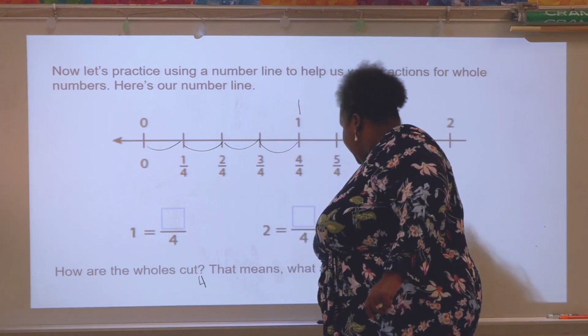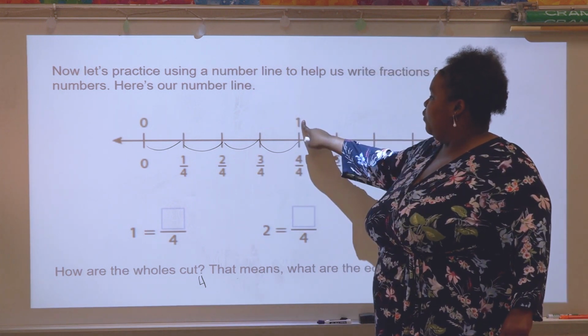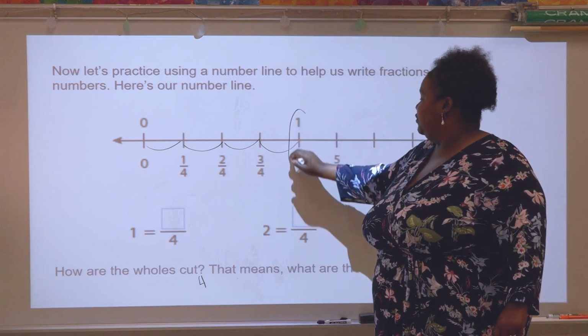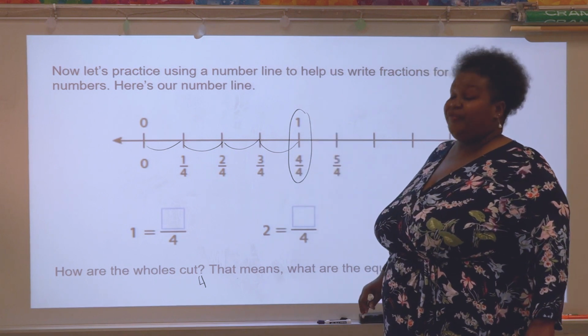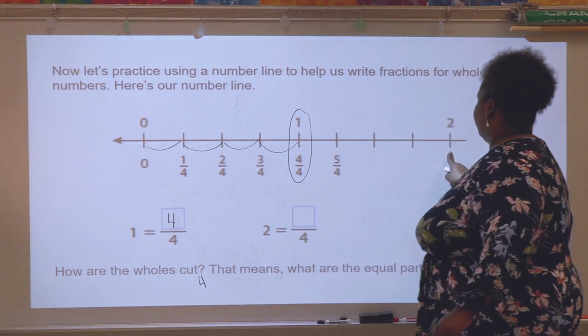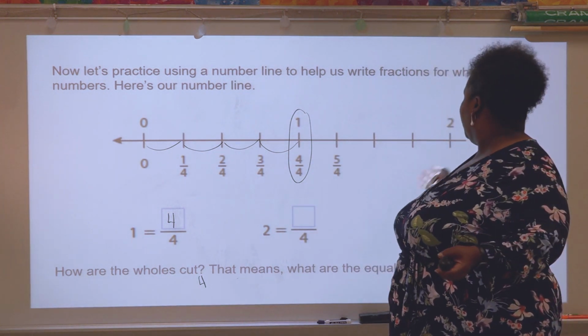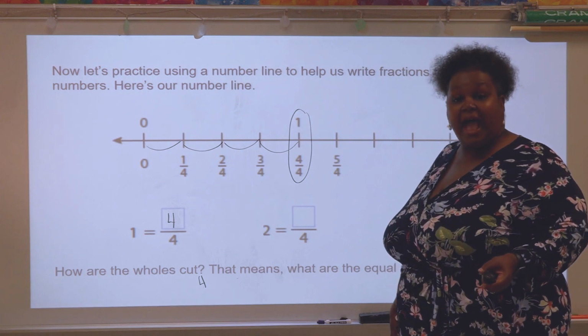I think I can just find that equivalent fraction by looking. 1 whole is equivalent to 4 fourths. What about the 2 whole? Oh, we have to finish filling in this number line. They left some of the numbers out.